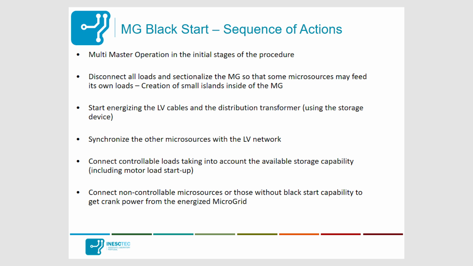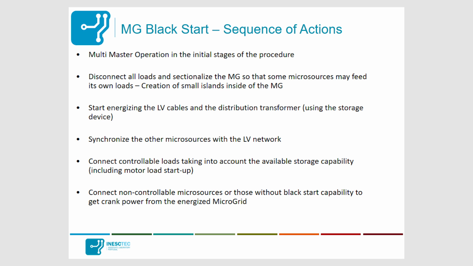Then, in terms of the sequence of actions, we are going to adopt a multi-master operation in the initial stages of this procedure. So: disconnection of all loads and sectionalization of the microgrid so that the microsources may feed their own loads, creating small islands inside the microgrid.